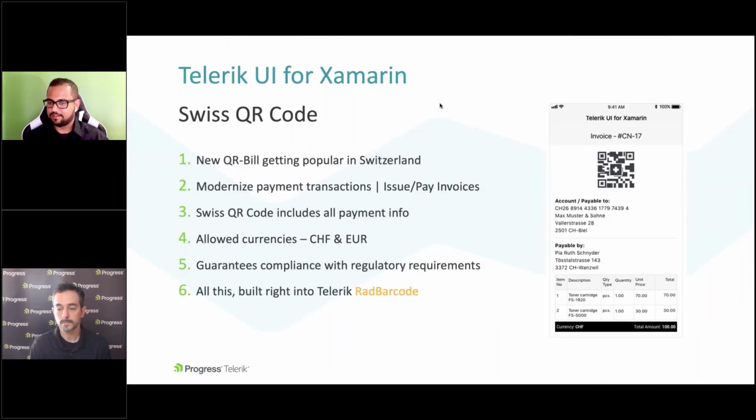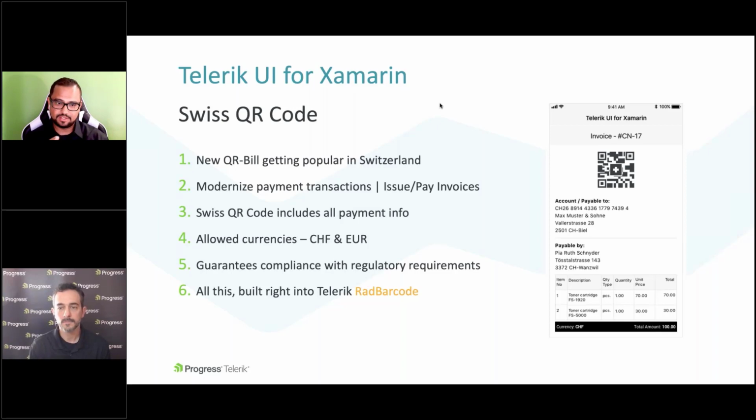All right, so the Swiss QR code. Ed mentioned this really quickly, but this is a big deal, especially if you're in the EU. Switzerland is trying to do something which is more of a standard, and it works right now in Switzerland and in one of my beloved little countries, Liechtenstein, which is a small country in between Austria, Switzerland and Germany. And they have a new QR bill.